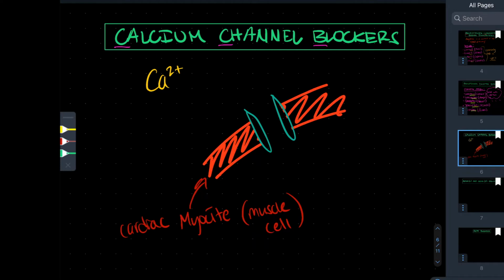So calcium is, for reasons I won't go into, more calcium equals harder contractions of the heart. And so we can exploit this by blocking calcium's flow into heart cells.